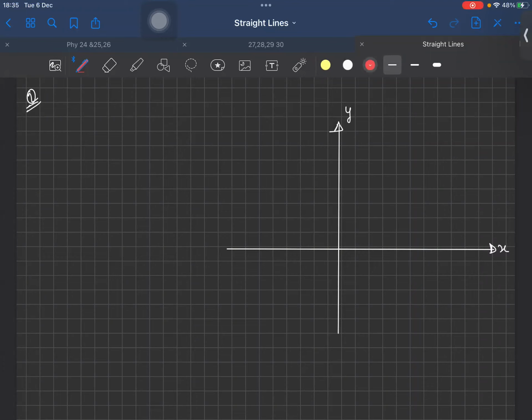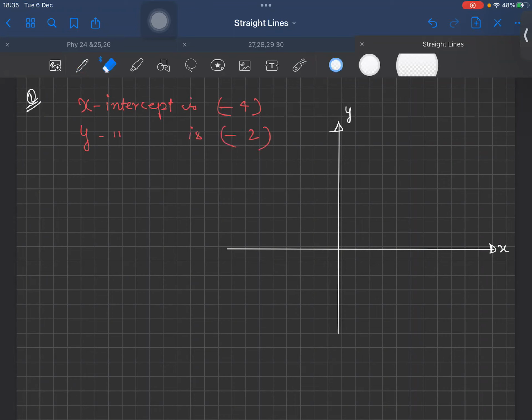It's given that x-intercept is -4, y-intercept is -2. Find the equation of line.